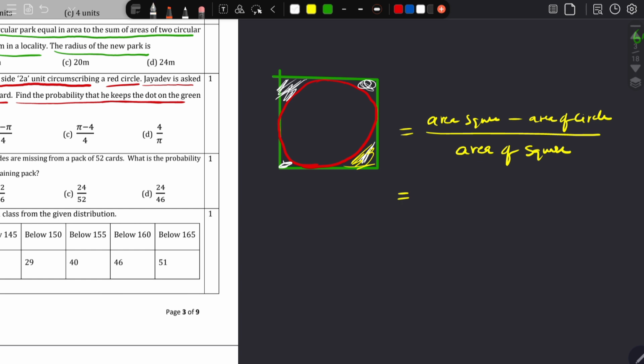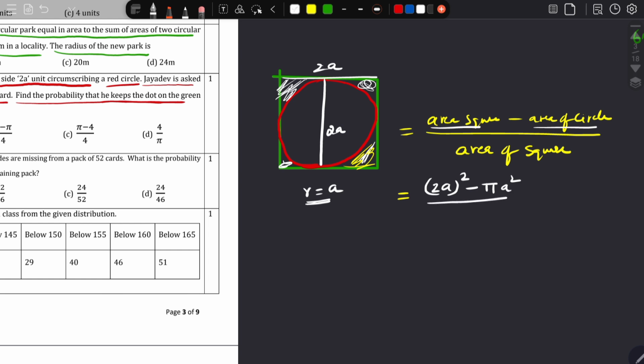Given accordingly, the side of the square is 2a units. The diameter of the circle is again 2a units. What about the radius? r is equal to a units. Then area of the square is side square, 2a whole square, minus area of the circle, which is pi r square, with r value a, so pi a square, divided by the area of the square, again 2a whole square.